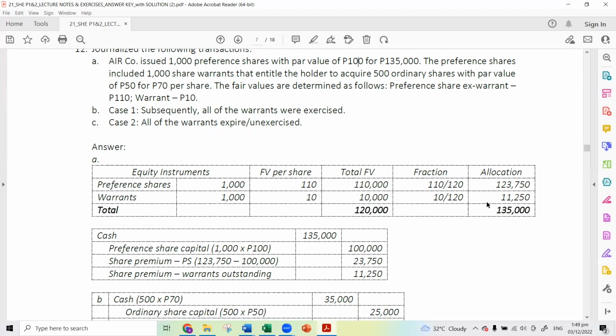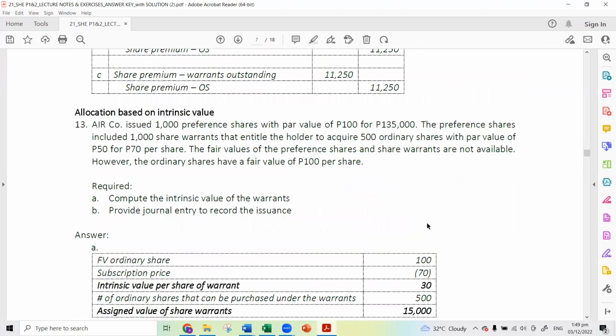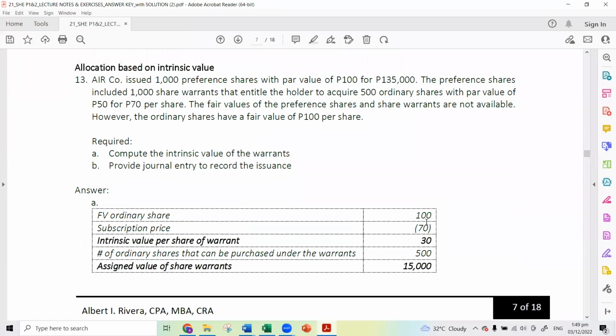Kasi merong given relative fair values. So the issue price is to be allocated to the preference shares and detachable warrants based on their relative fair values. However, class, dito tayo sa intrinsic value.